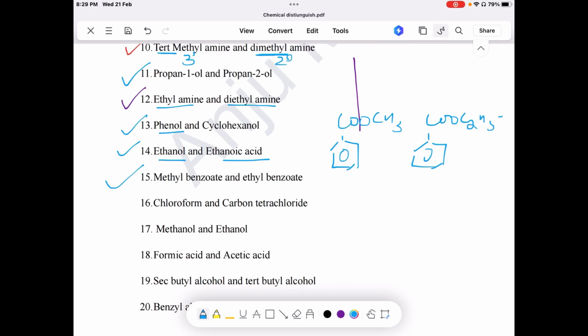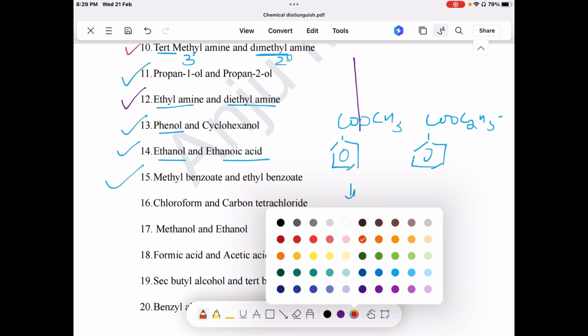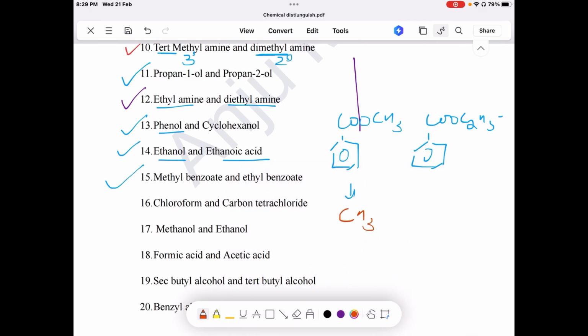When you hydrolyse these in water, they give methanol and ethanol along with the benzoic acid. So in this case, we are distinguishing methanol from ethanol. This compound has an ethyl part in it, so we use an iodoform test here. Simply, ethyl is there, so iodoform.